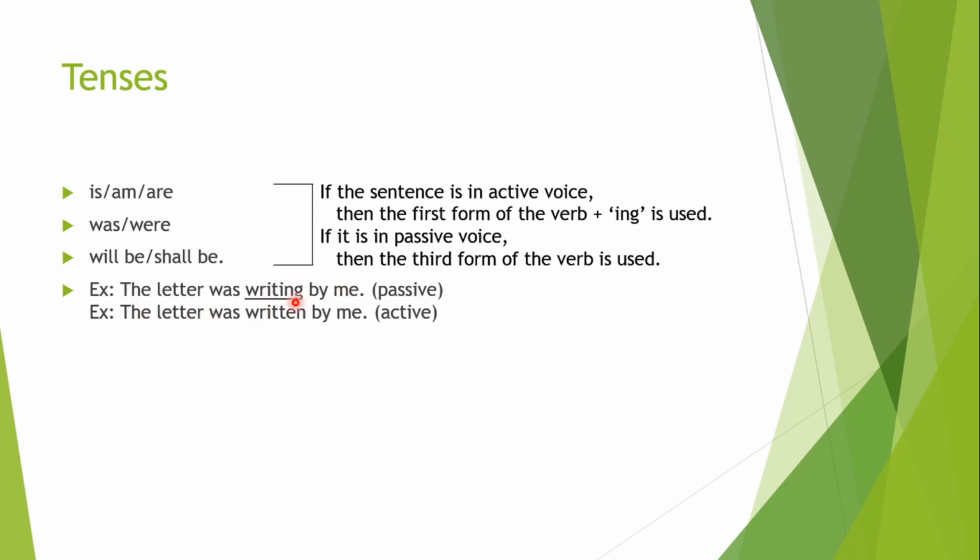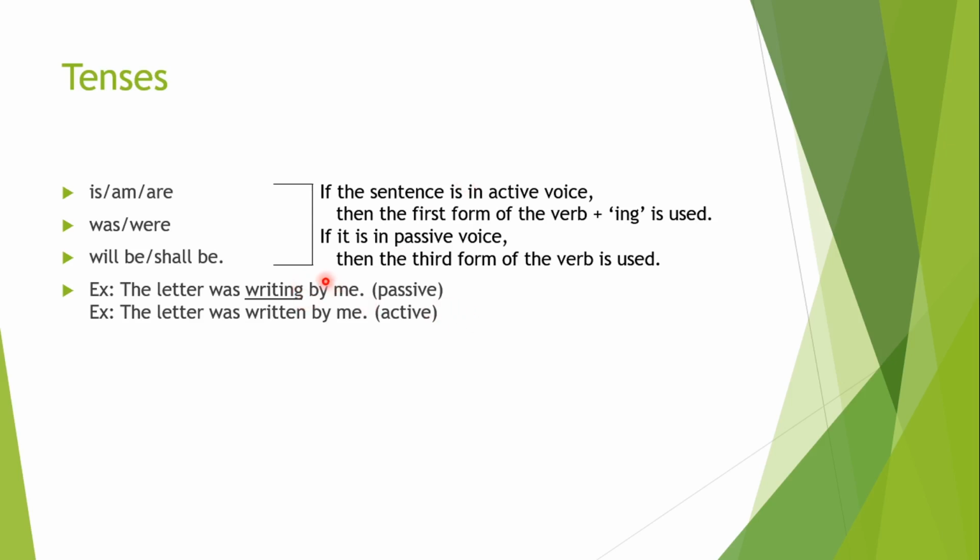See, as "by" is used here, that means this sentence is in the passive voice. But "writing" is a verb, verb plus ing. "Ing" is used here, so if we are using ing here, that means this should be the active voice.